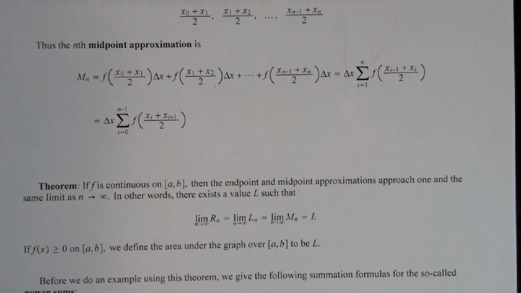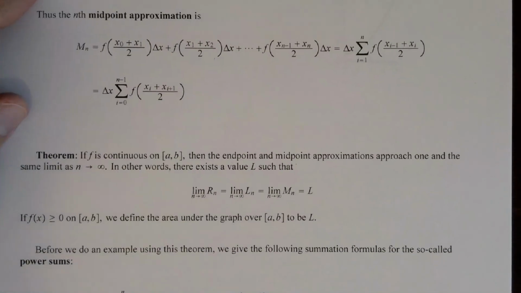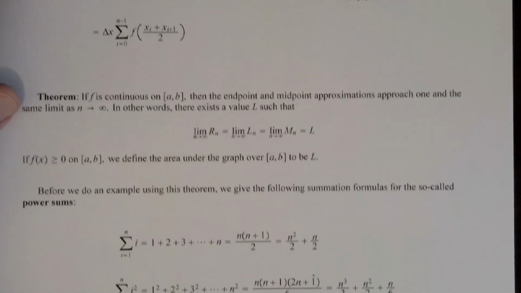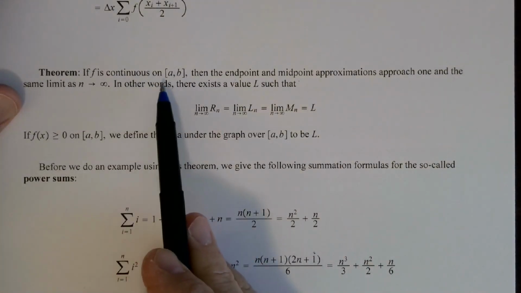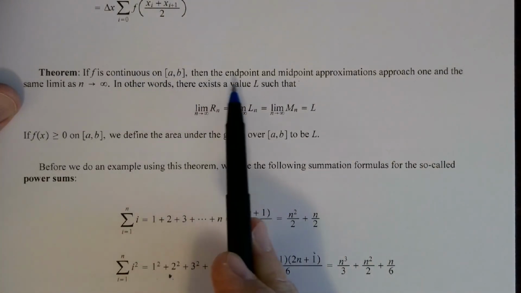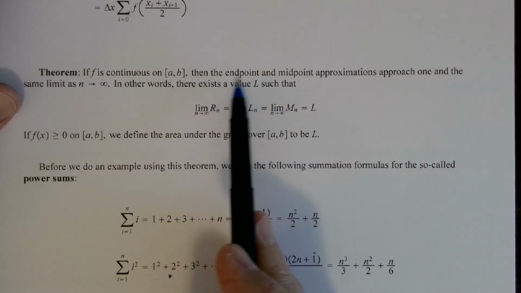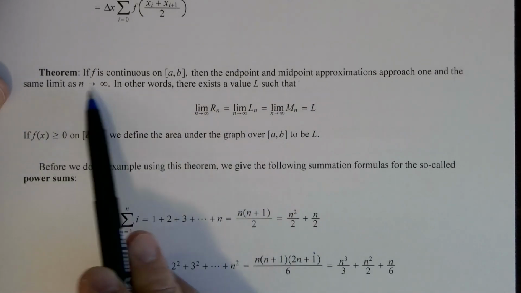Now, what we're going to do in the last video, I'm going to set this up. We're going to do an example of this now. Here's an important theorem, though. If a function is continuous on a closed interval, then the endpoint and midpoint approximations, and when I say endpoint, I mean left or right endpoints, they approach one and the same limit as n goes to infinity.